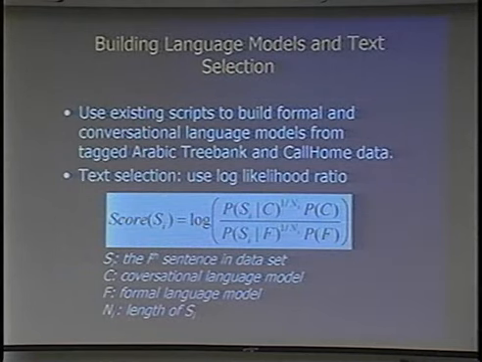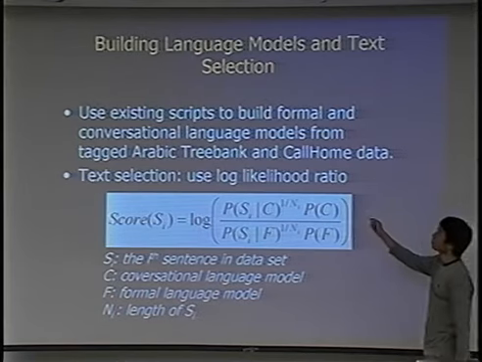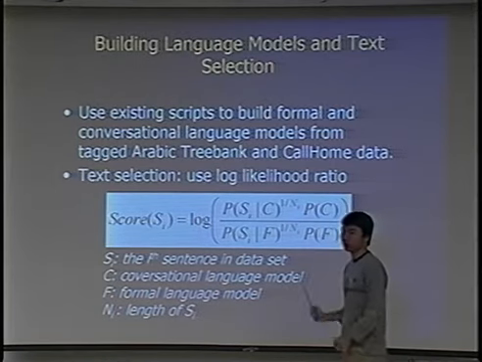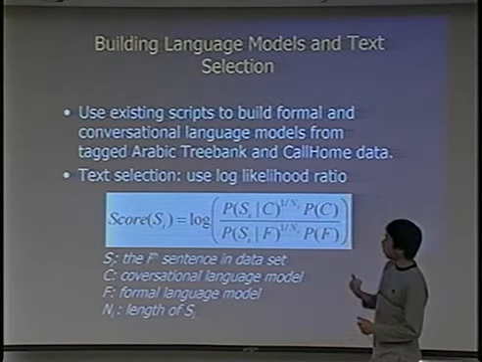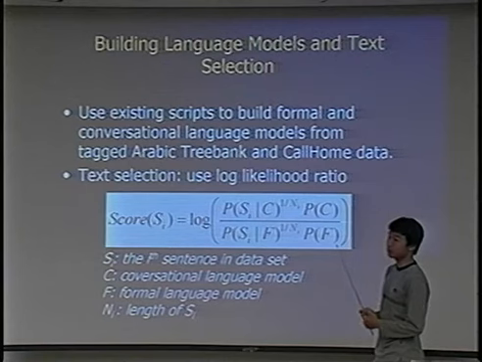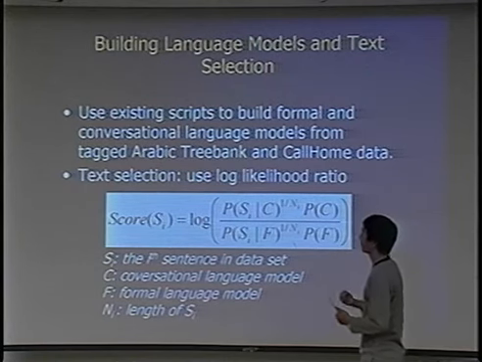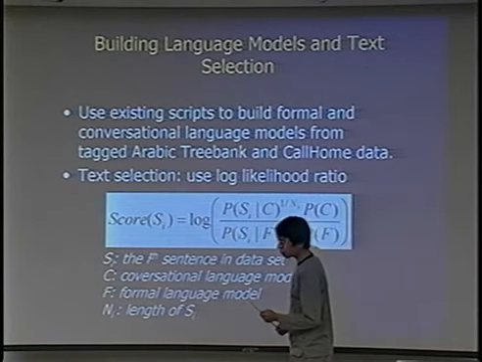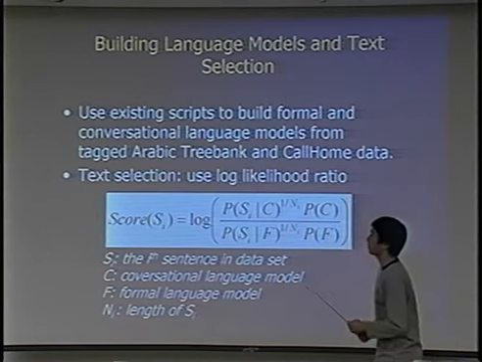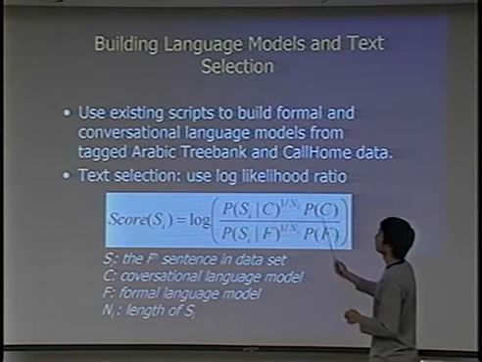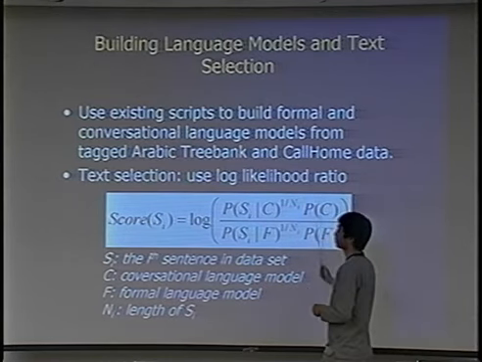After having built the tagger, I used existing scripts to build the two language models: CallHome, which gives the conversational language model, and Treebank, which gives the formal language model. And these are all part-of-speech-based language models.